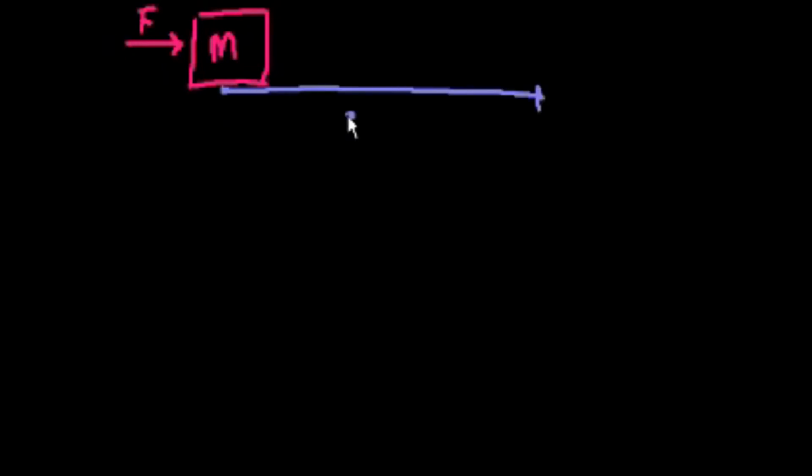Let's say I have a block. I have a block of mass m, and it starts at rest. And then I apply a force, let's say I apply a force F, for a distance of, I think you can guess what the distance is, for a distance of d.